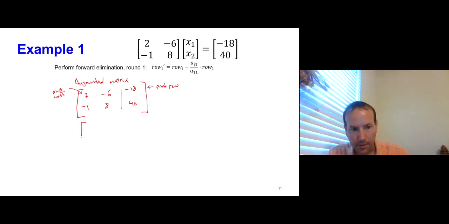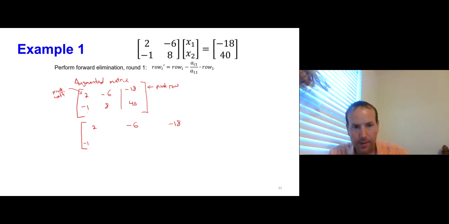Okay, and so what we're going to do here is, first off, I'm going to write down the existing row 1, because that's not going to change, and then we're going to apply this equation on what's left.